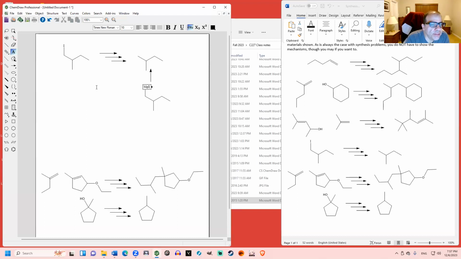In other words, if we had that Grignard reagent, and just treated it with water, the water would protonate the Grignard reagent.